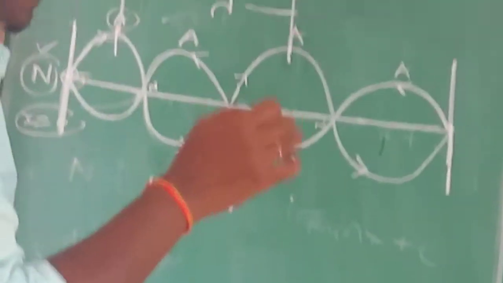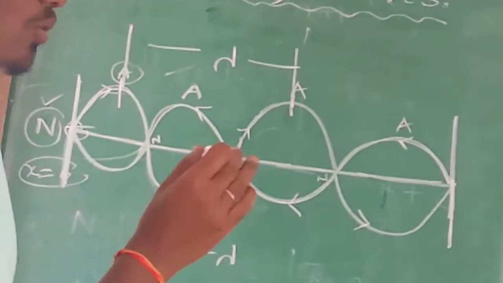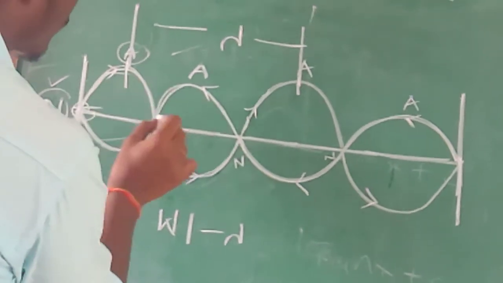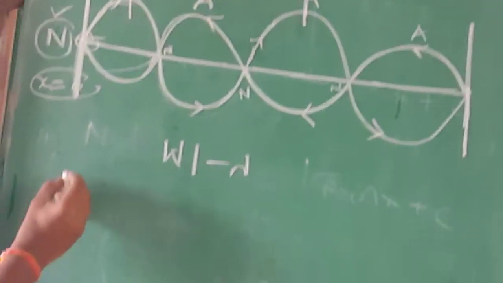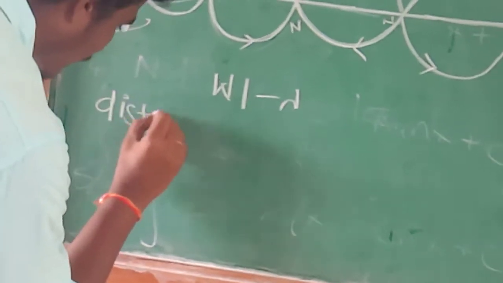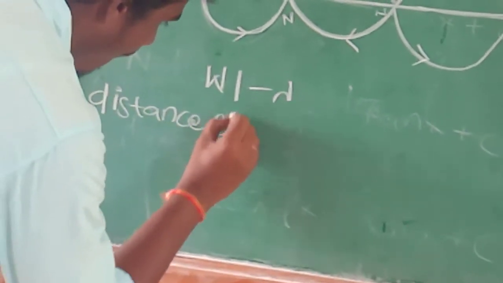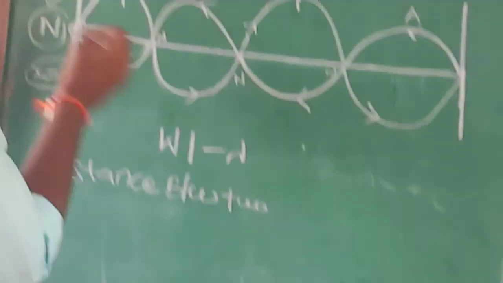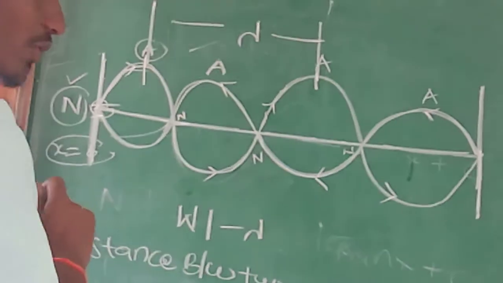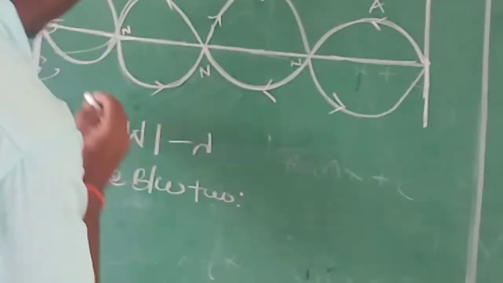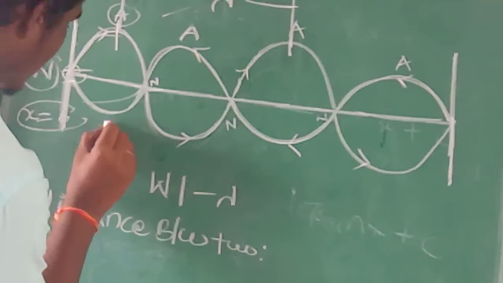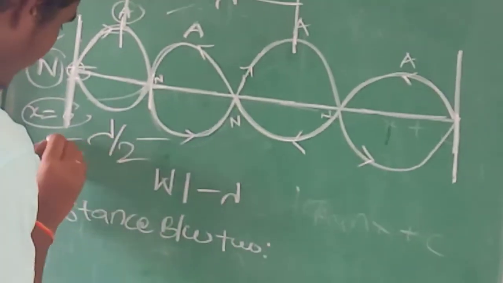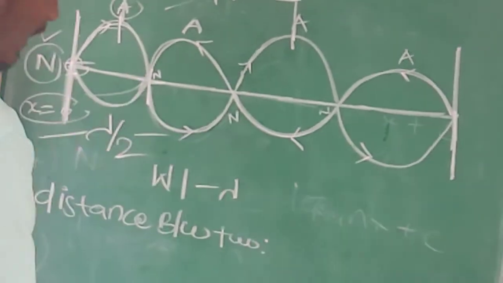On this basis, we find the distance between node and antinode. The distance between two successive nodes is lambda by 2.